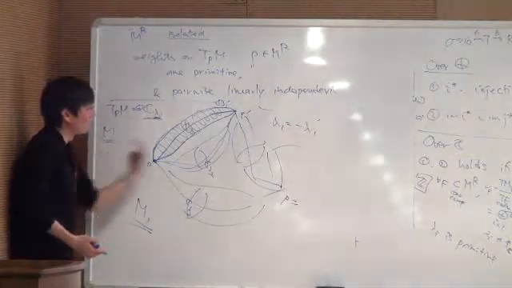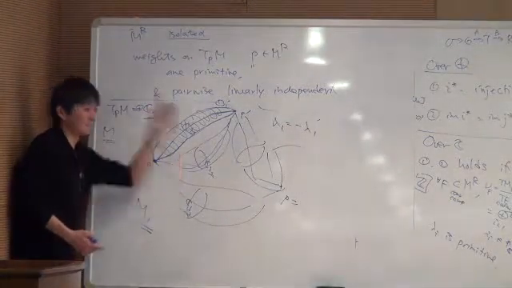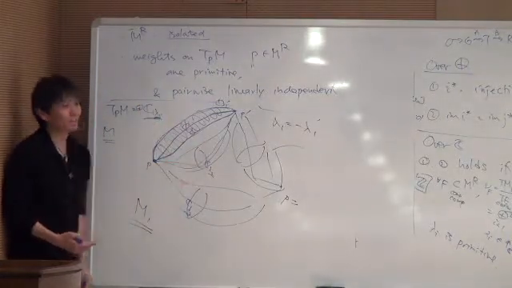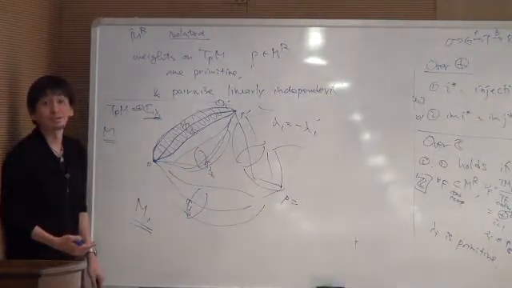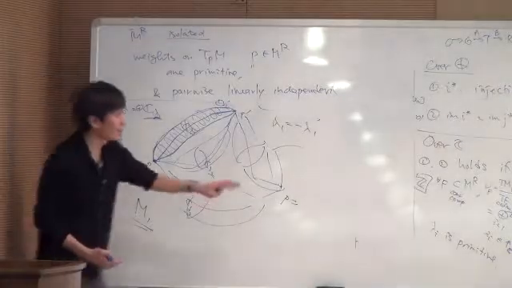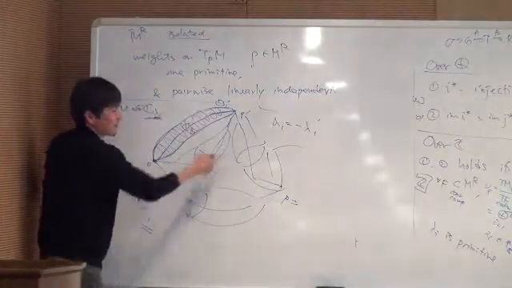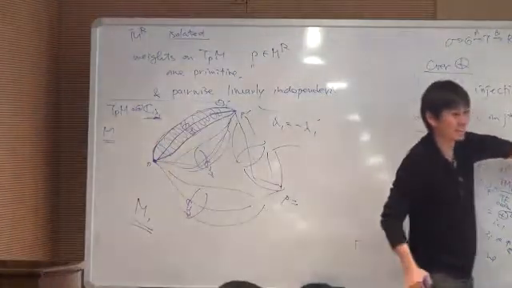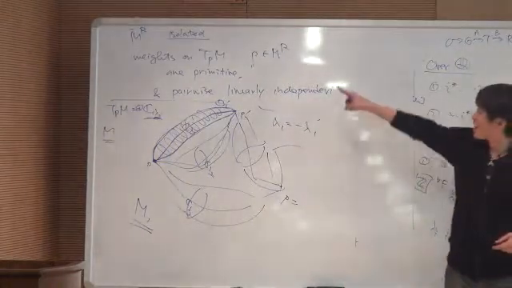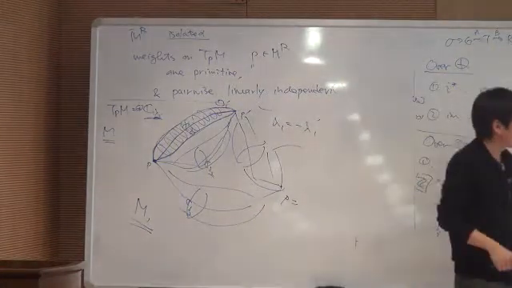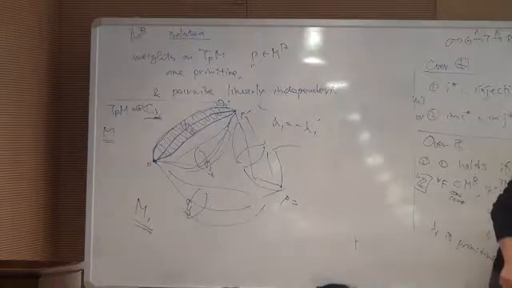And then I want to know the image of this whole thing in the equivariant cohomology of the fixed points. You just look at each P1, and then you have this. But now you have the R action, and our action goes through this U1.